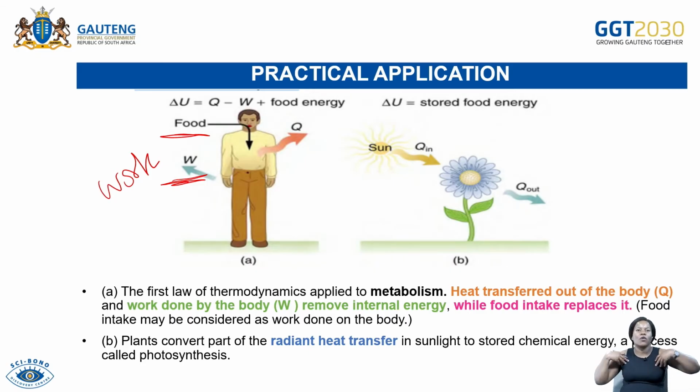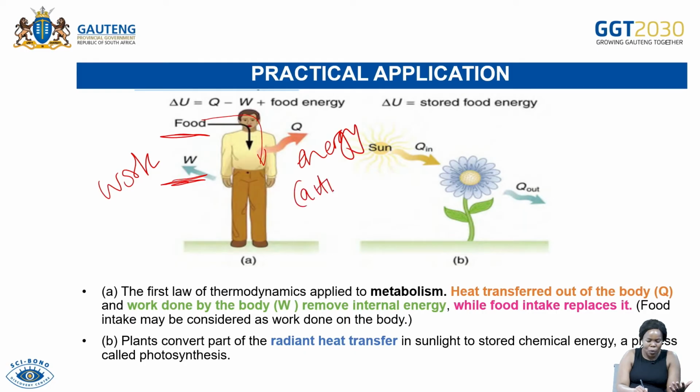Energy is also excreted in different ways. As we are busy doing work, we are utilizing this energy for all different types of activities. So what we are ingesting allows us to do all the activities that require energy.